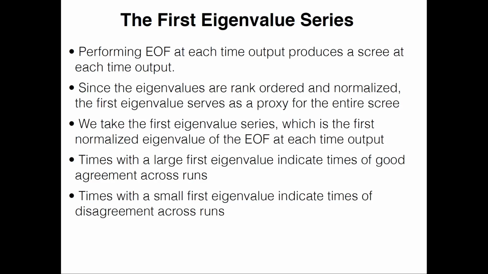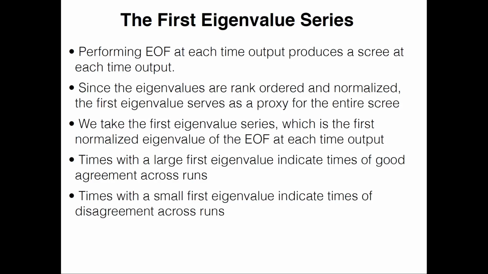And so the first eigenvalue then serves as a proxy for the entire scree, because the first eigenvalue tells you what the first EOF captures as far as variance. Okay, so if the first eigenvalue is 0.9, that means 90% of the variance in your EOF ensemble members is captured by a single EOF.